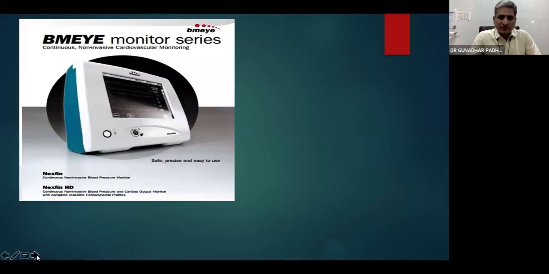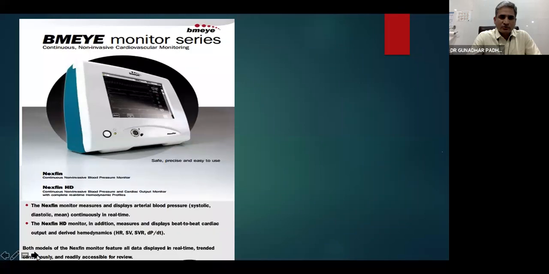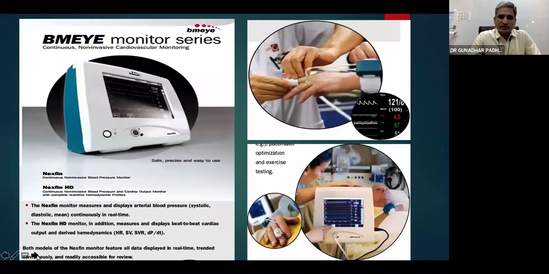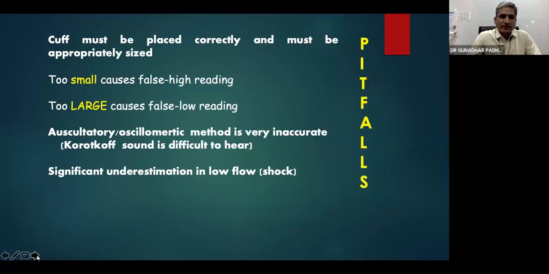This is called the NexFin monitor, or NexFin hemodynamic monitor. Though the precision is not that good, you still have a very good correlation with the trends, and you can see the cardiac output at the bedside once you put on these monitors. So these are going to be the future, and most ICUs will be equipped with such monitoring devices, probably in the next generation ICU, where we are going to lead.